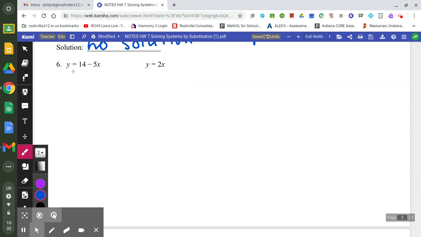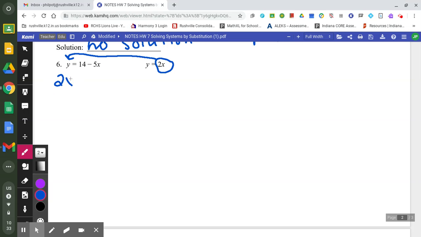And then number 6, these equations are both solved for y, so it really doesn't matter which way we substitute. But since I've been going this direction, I'm going to do that again. So I'm going to take this 2x and put it in for the y. So now this, instead of y, it's 2x. But then I still have my 14 minus 5x.